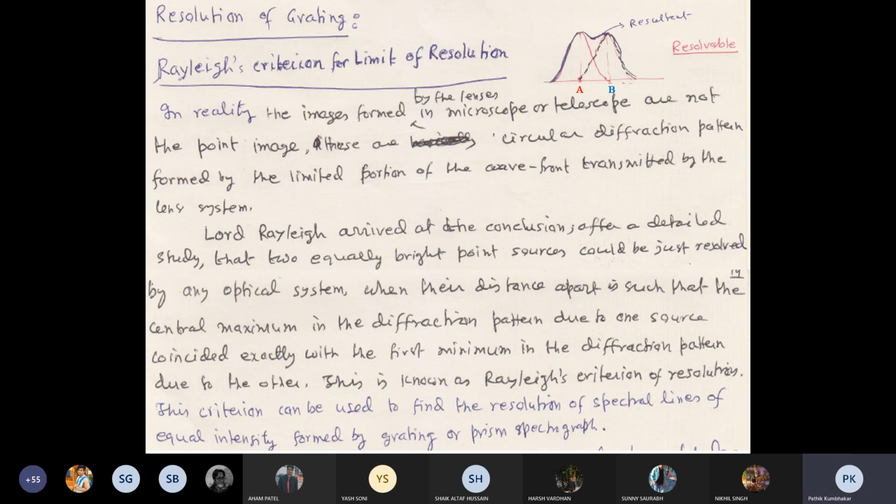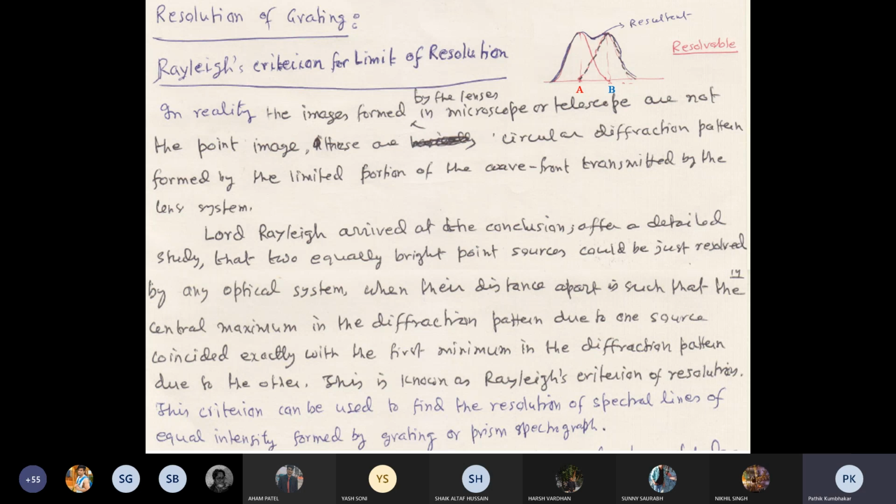So this criterion can be used to find the resolution of spectral lines of equal intensity formed by a grating or prism. Not only that, it also applies to separating two wavelengths, for example in sodium light, where there are two yellow lines, 589.0 and 589.6 nanometers. In sodium, if you heat up salt, you will find yellow light coming out.